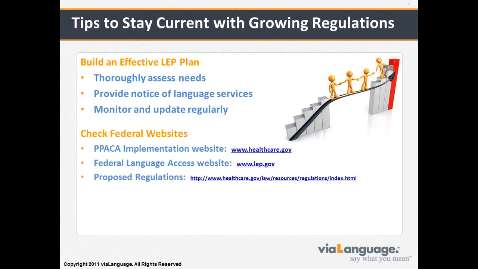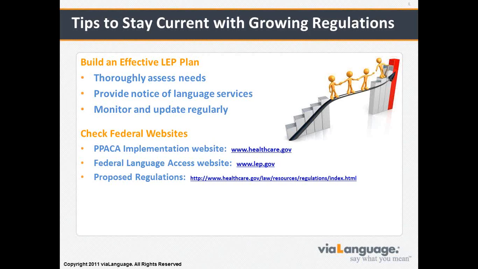Great. Okay. So here we have a couple of links to check federal websites. The Patient Protection and Affordable Care Act is still being rolled out. There's an implementation website with a link we provided here, and a couple of other resources and websites for you to constantly monitor.